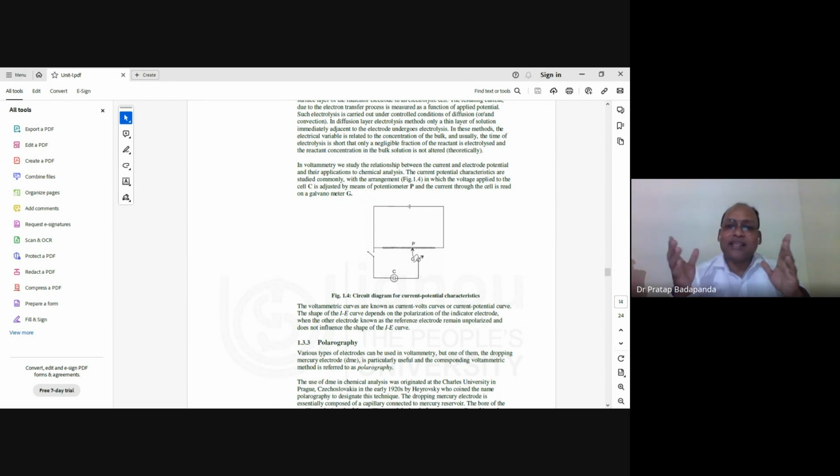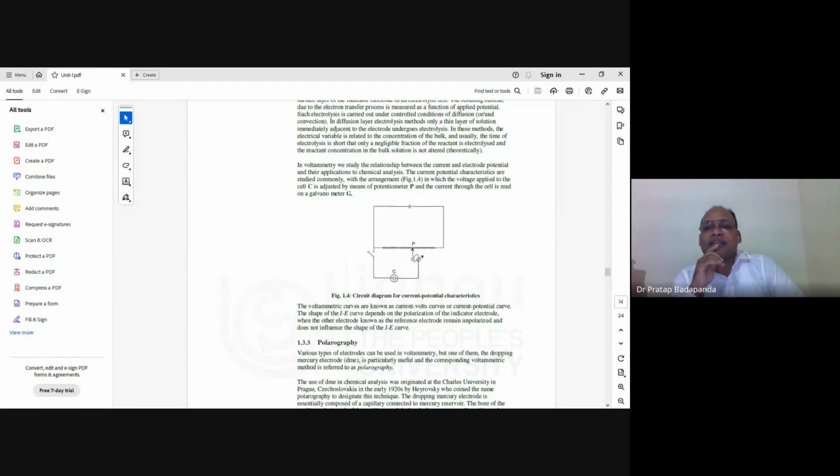If current passes properly in the electrode and the flow is fine, then the chemical system you are using is correct, no problem. But if there is any difference, meaning electrode potential and current flow are not proper, then it is not suitable for use. That's why this is an essential procedure for industry.